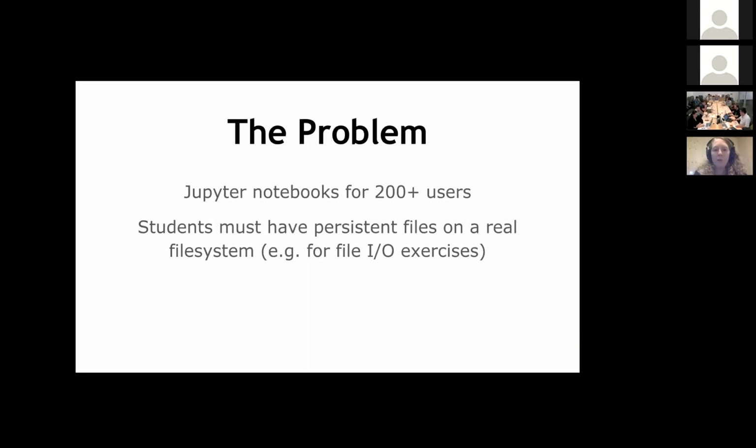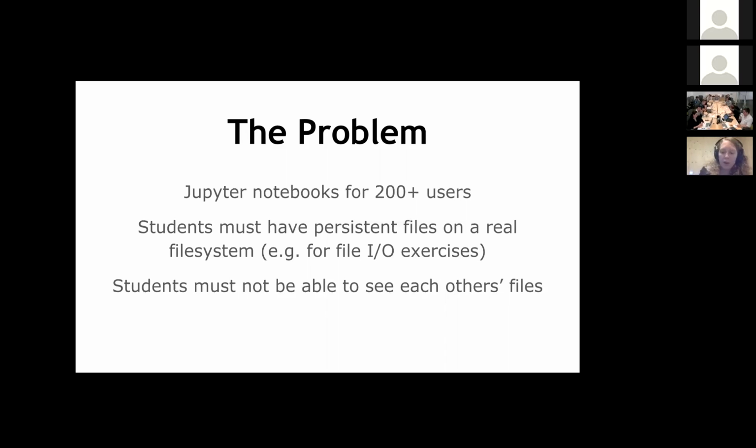But unfortunately, 200 users means that all of the users probably can't be on the same computer. So that was one particular challenge. We also had the constraint that students shouldn't be able to see each other's files. And then we wanted to integrate with services like nbgrader. So this is an overview of the issues that we had to solve with this deployment.